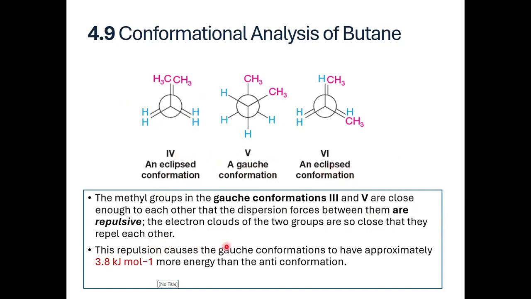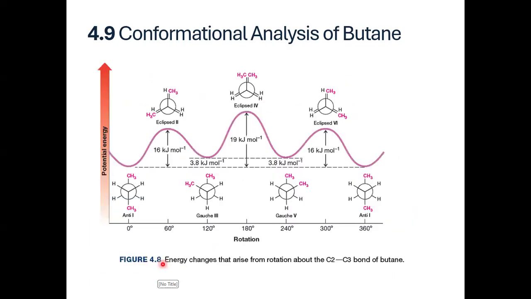There is a repulsive force equivalent to 3.8 kilojoules per mole from the eclipsed to the gauche conformation. You can see that the most stable is the anti and the least stable is the eclipsed form, when the CH3 and the CH3 have a dihedral angle of 0.